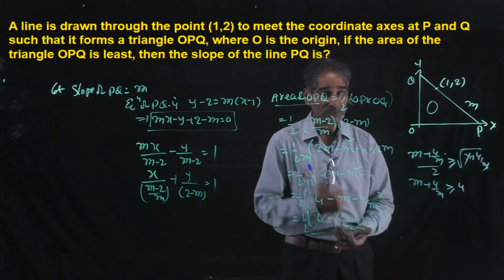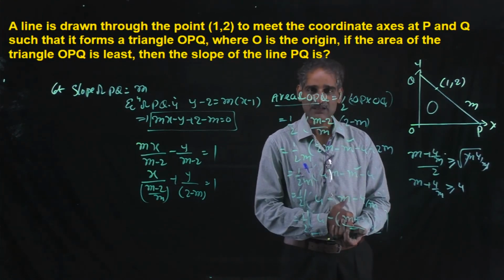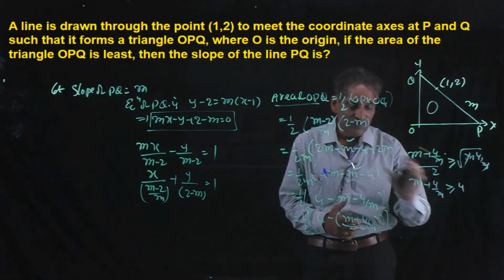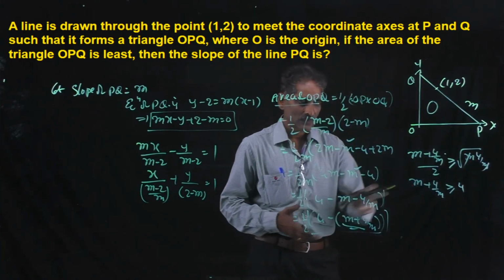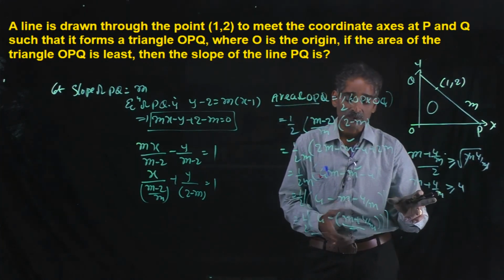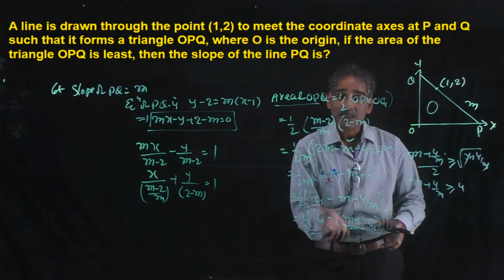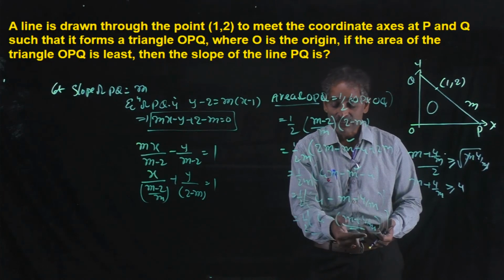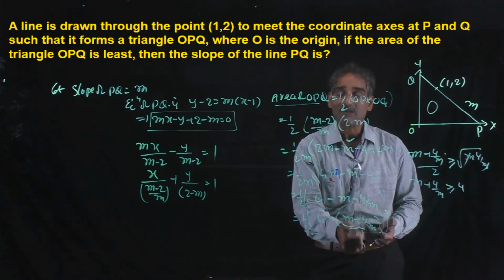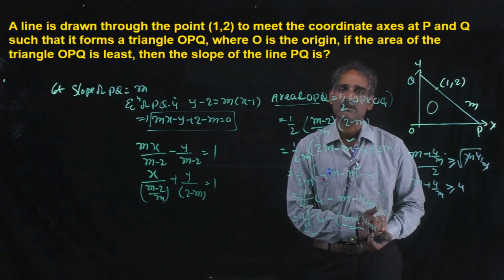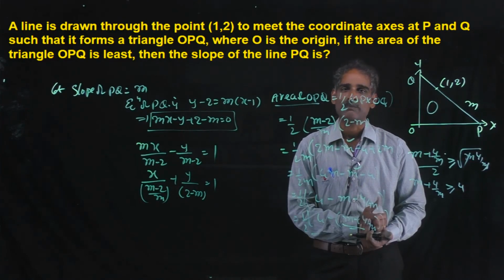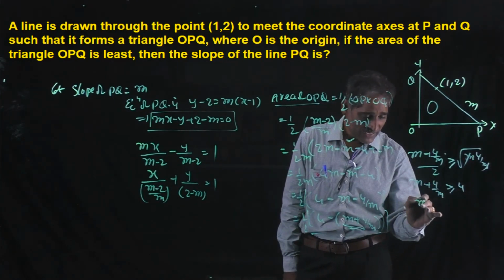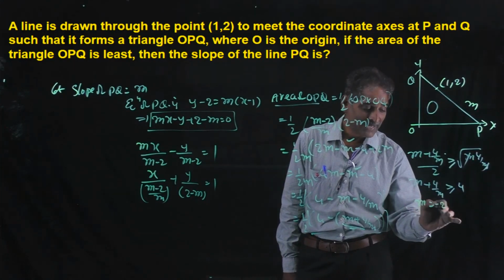But the area is something positive, so at what slope is it positive? So if you take a negative value for m, you will get the maximum value. Understand? Maximum value means minus of maximum value gives the total value as minimum. Therefore, for negative values, m is equal to minus 2.